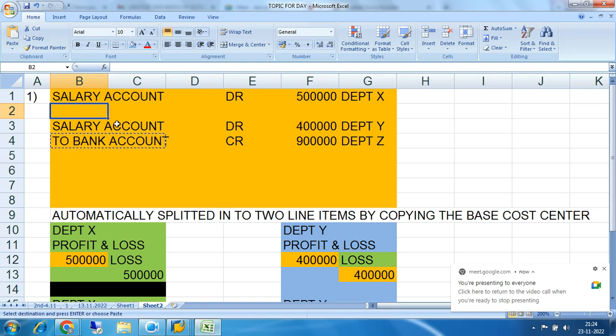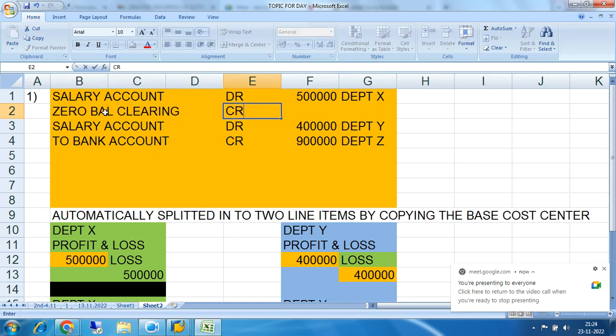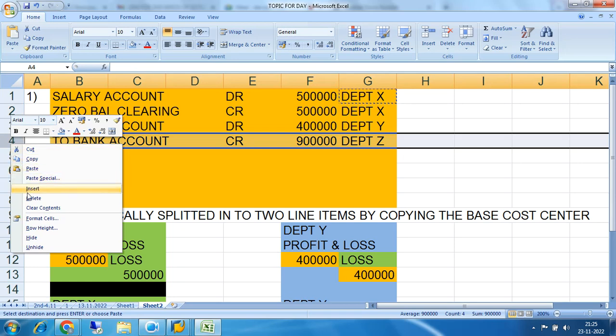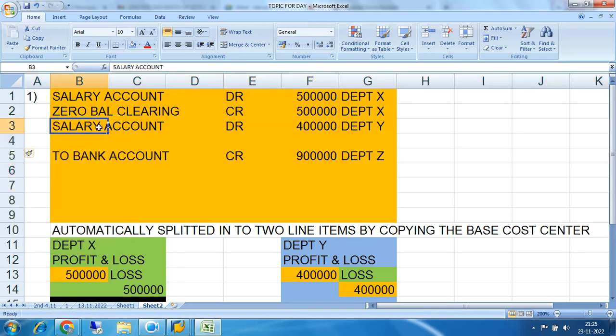Okay, fine. So in this case, another line item will be automatically created like zero balance clearing, credit 5 lakhs. Okay, zero balance clearing 5 lakhs, and here same profit center, same cost center or same profit center will be copied here. Similarly, in this second case also, for this salary account, another zero balance clearing will be copied.